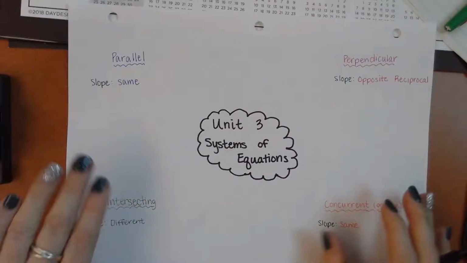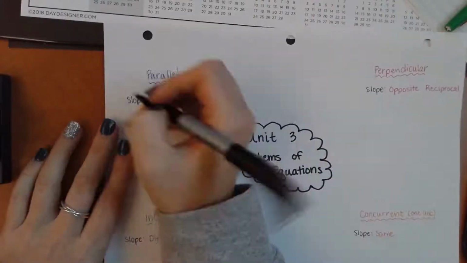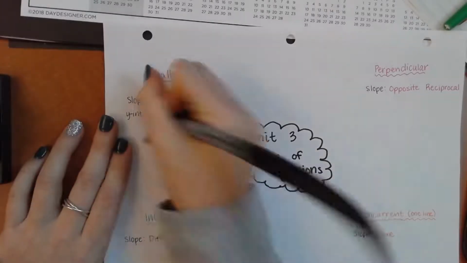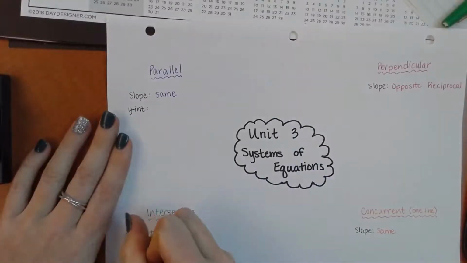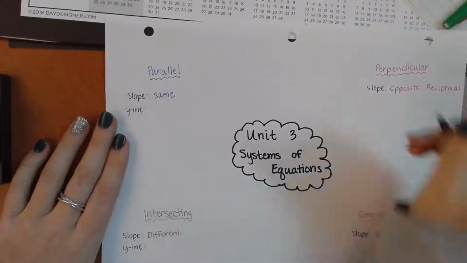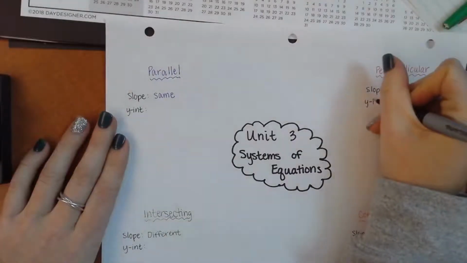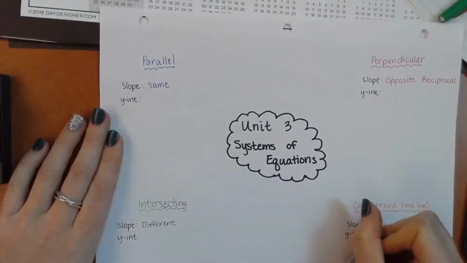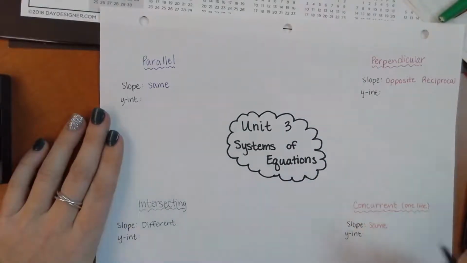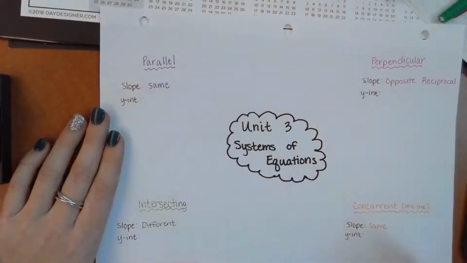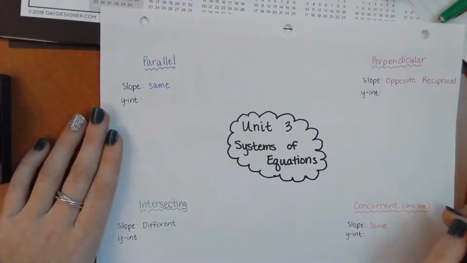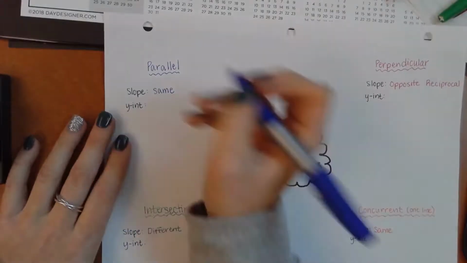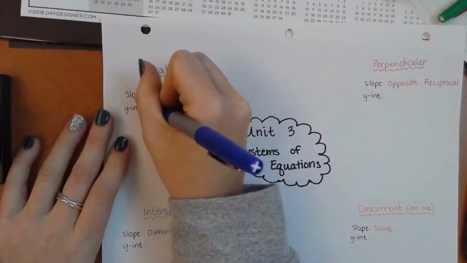So now I want to go ahead and talk about the y-intercept for all of these. So your y-intercept for parallel lines is going to be different.